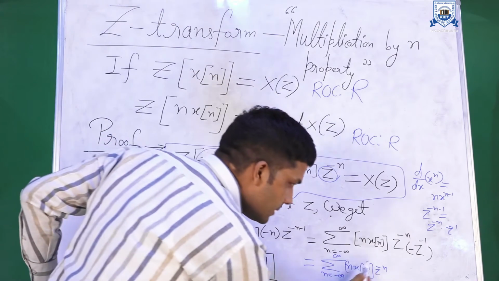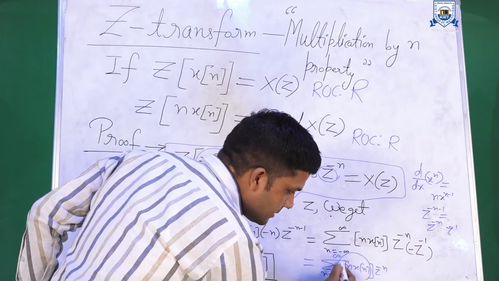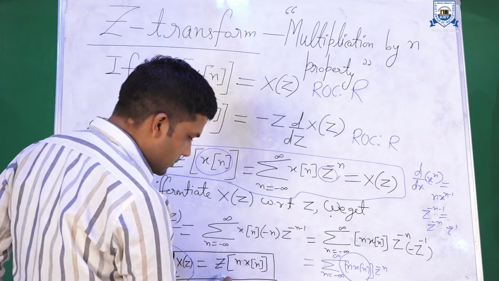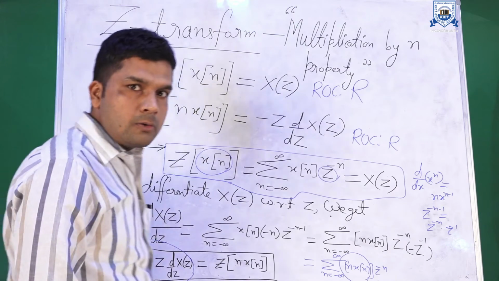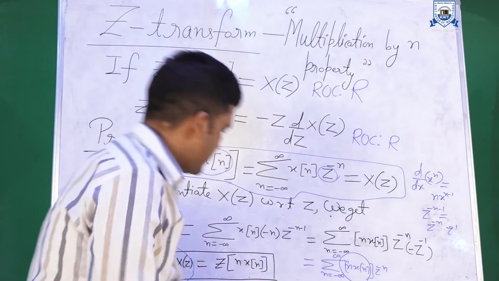Now here z to the power minus n, and here n x[n], and here x[n]. So we may write the z transform of n x[n] according to this. Now we will see how to use it for any function.